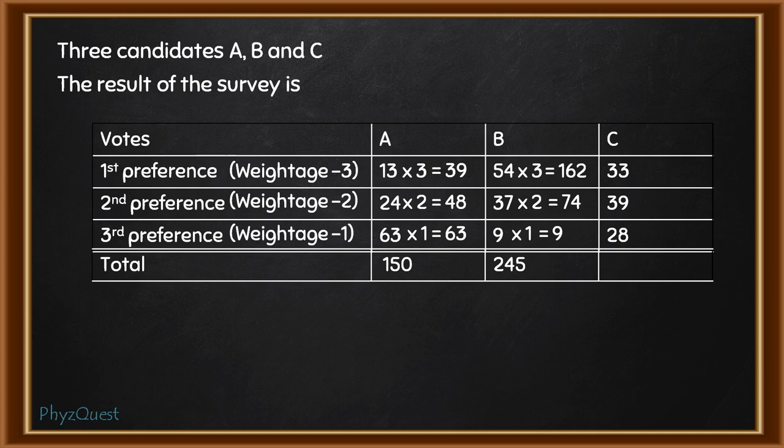Now lastly, candidate C: 33 votes as first preference, which multiplied with 3 is equal to 99. Second preference, 39 votes multiplied by 2 is equal to 78. And lastly, 28 votes as third preference, so multiplied with 1, which is equal to 28. So the final total is 205.